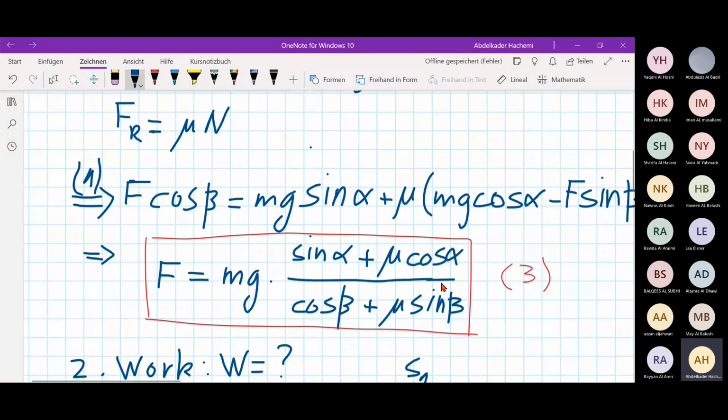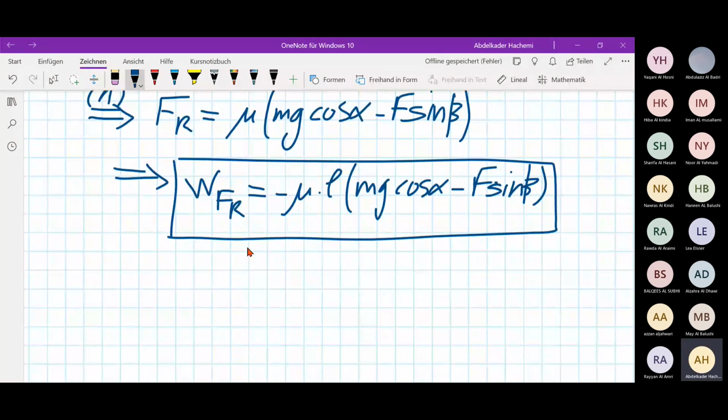Now coming to the third question, the power P generated by the force F. We call it power, we make the symbol P_F, and by definition the power is only the time derivative of the work.